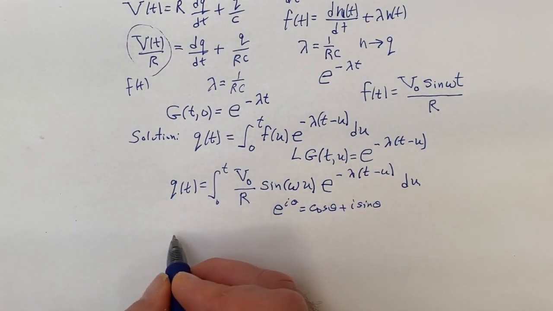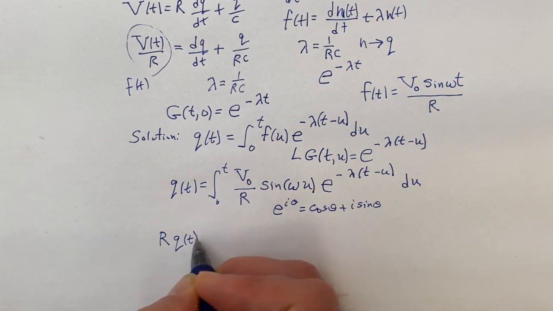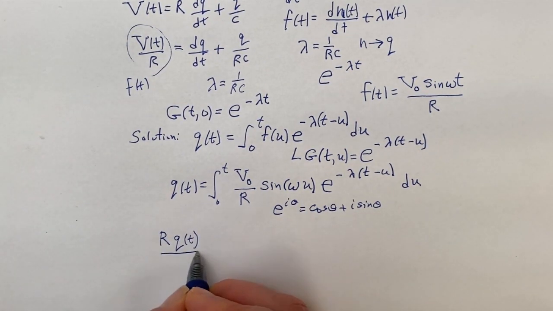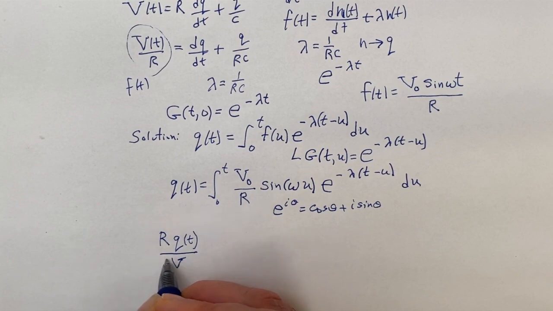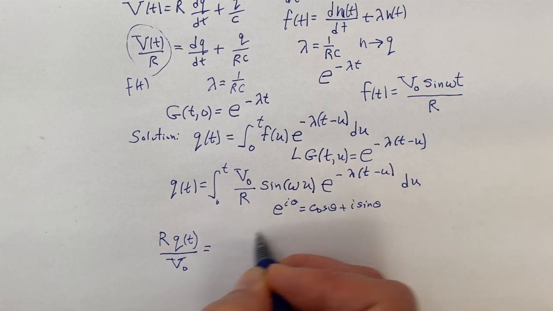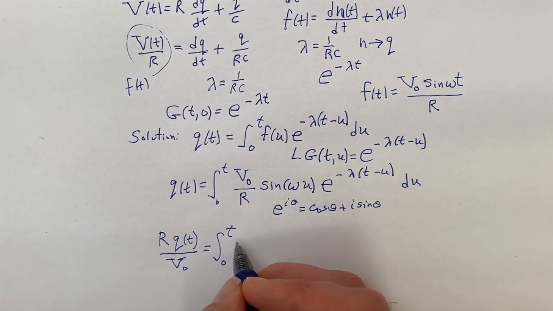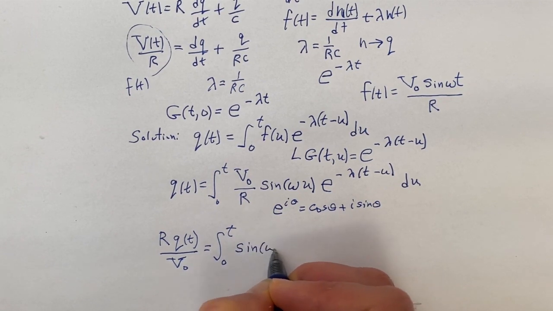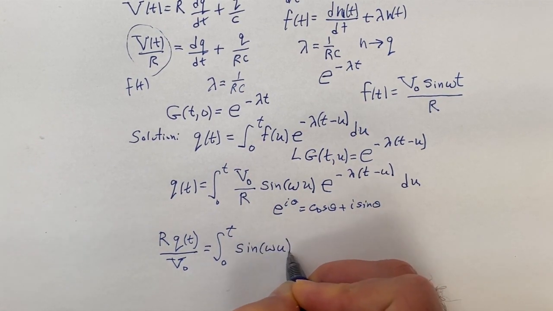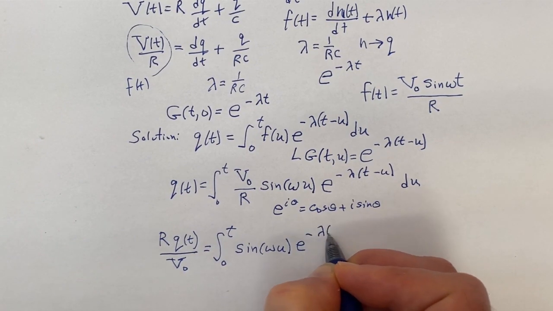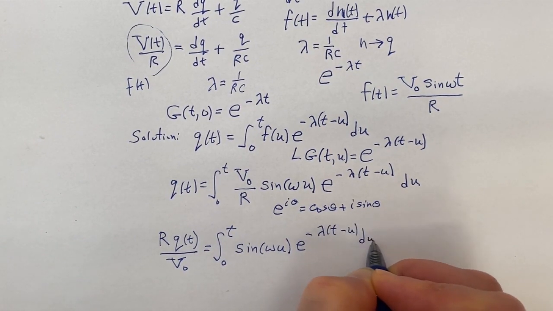So let's bring the R over here, because I don't want to keep writing that R out, and we'll divide by V naught, so things look simpler on the right side. So from 0 to t, we have just the sine of omega u, and I'm going to substitute in Euler in just a second, e to the minus lambda t minus u du.